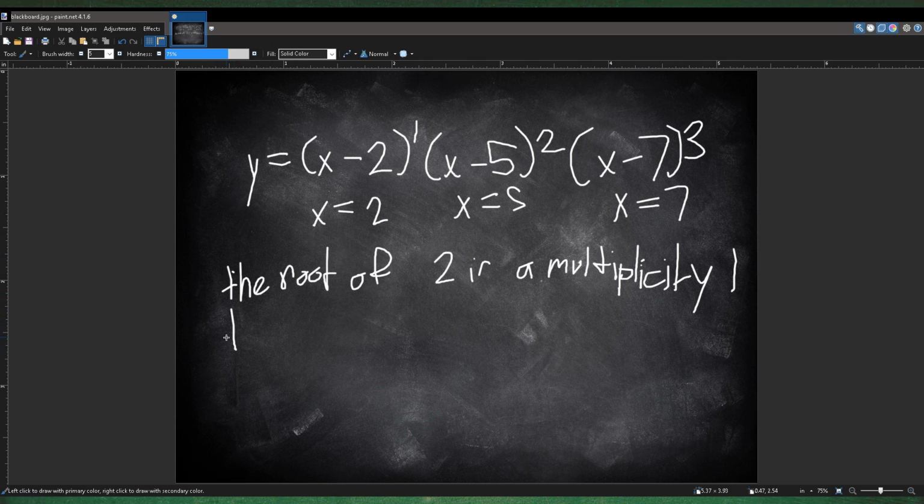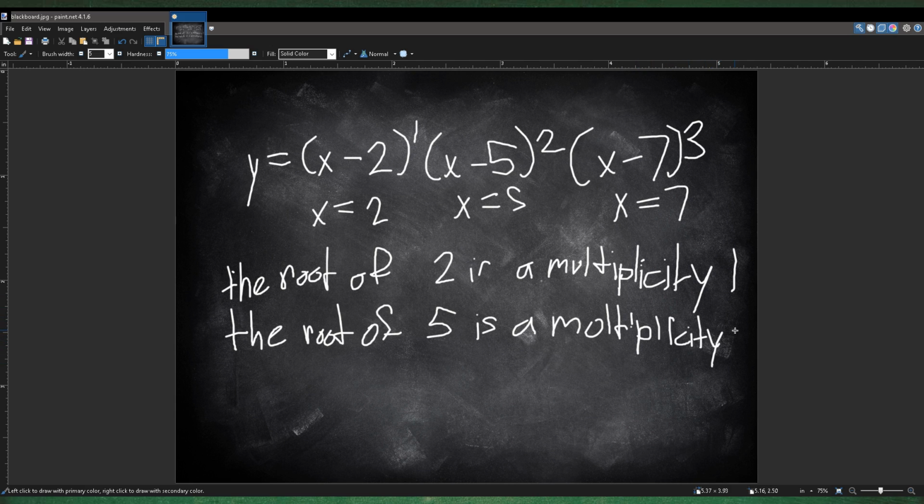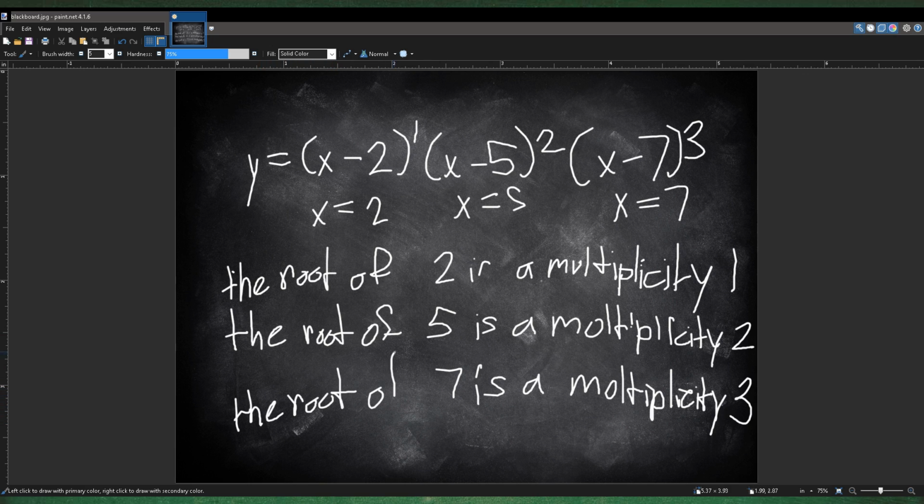And for the 5, the root of 5 has a multiplicity of 2, and the root of 7 has a multiplicity of 3. You see why? Because 2 is raised to a power of 1 right here, 5 is raised to a power of 2, and 7 is raised to a power of 3.